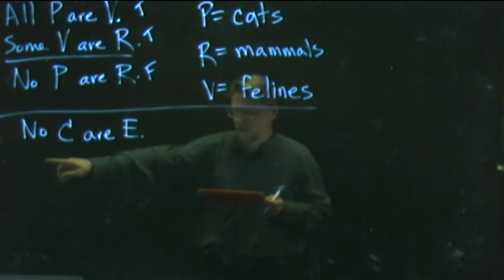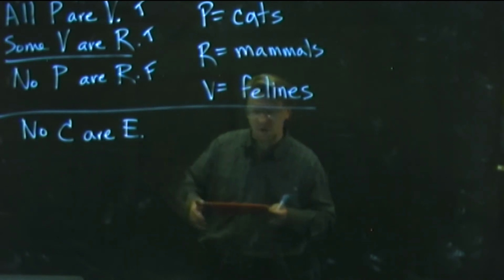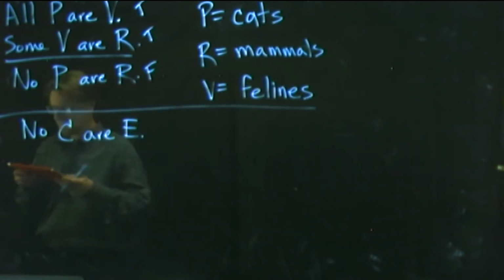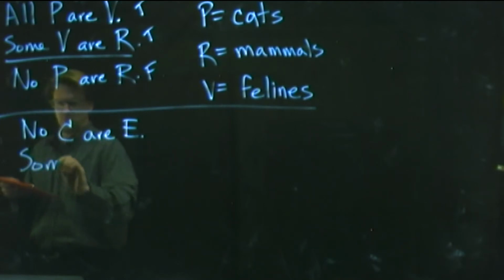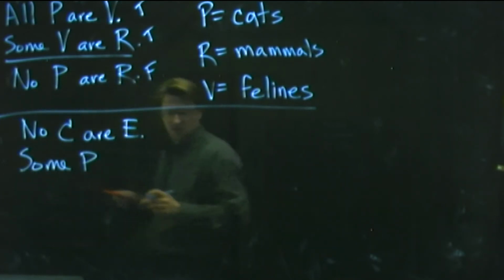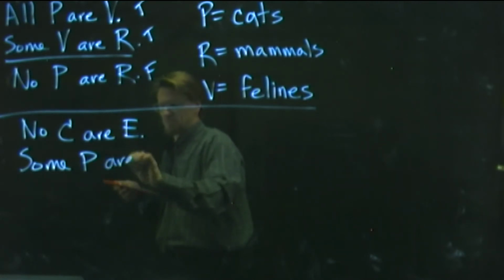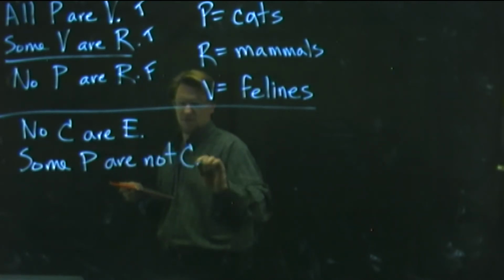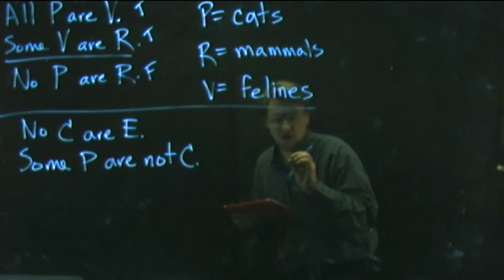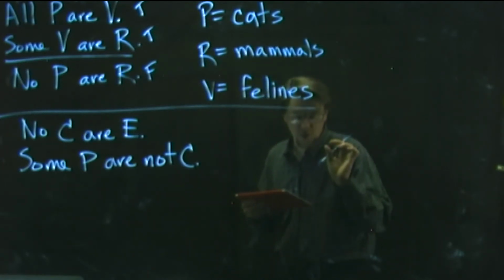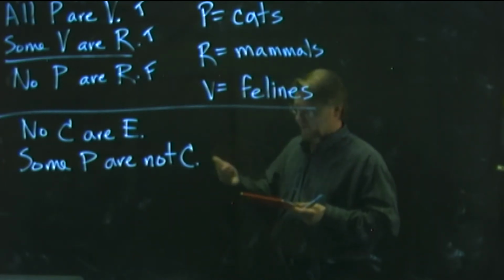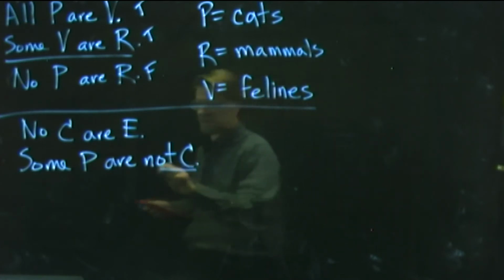no creationists are evolutionists would be one premise. Some people who believe in the Bible are not creationists, right? Don't let that copula are or are not trip you up here, right? And again, this is why we looked at chapter 3 a bit before we got to this.